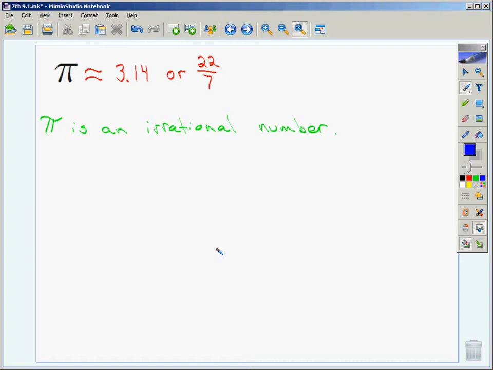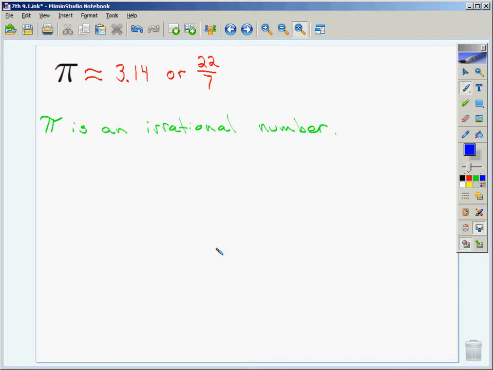We're either going to use 3.14 or we're going to use 22 over 7. If a problem does not specify what to use, pick one. Use whatever you want to use. Have you ever seen one of the problems on a standardized test that said, use 3.14 for the value of pi? Has anybody ever seen something like that? Okay. May not have shown up yet because we're just now covering what?